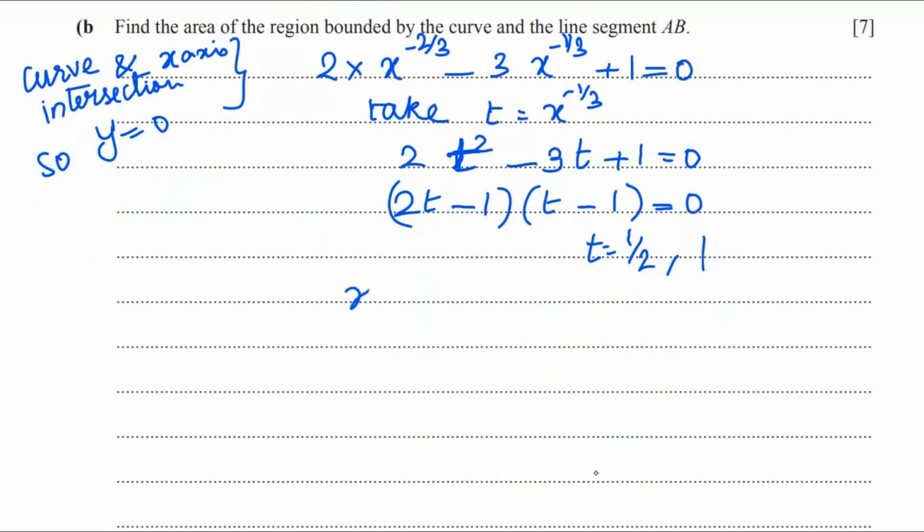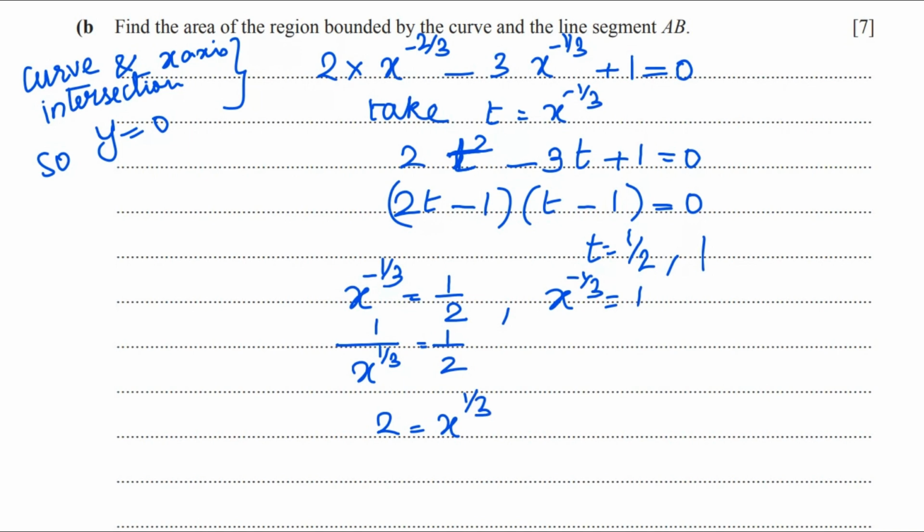That is x power negative 1 over 3 equal to 1 over 2, or x power negative 1 over 3 equal to 1. Let's write this as 1 over x power 1 over 3 equal to 1 over 2. That is 2 is equal to x power 1 over 3. Okay.